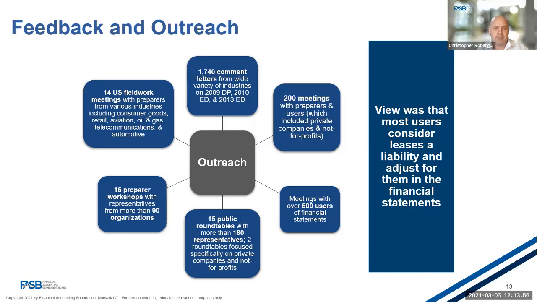employed in operations. Additionally, the existence of 2 very different accounting models, in which the assets and liabilities associated with most leases, that is operating leases, were not recognized, but were recognized for a minority of leases, that is what was referred to as capital leases, now finance leases, resulted in transactions that were economically similar but accounted for very differently in the statement of financial position.